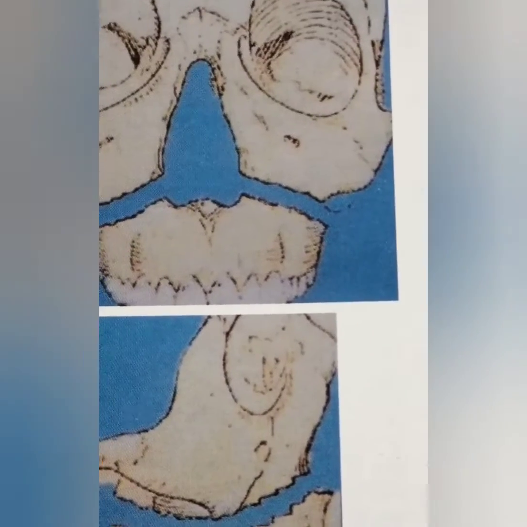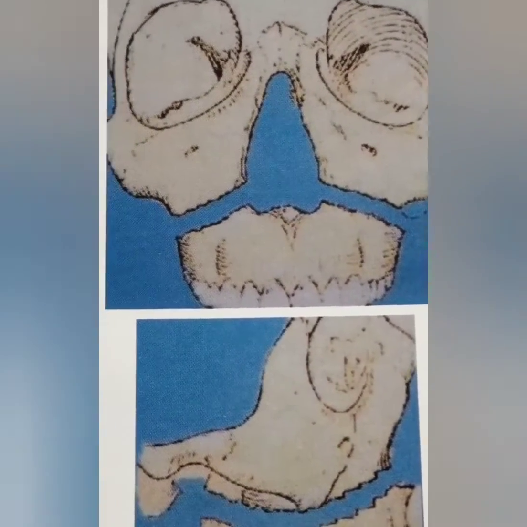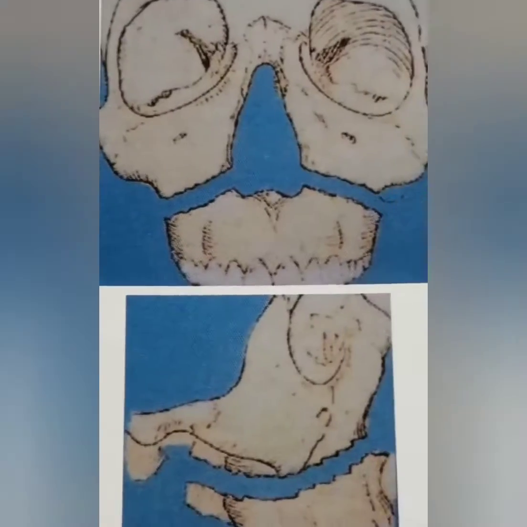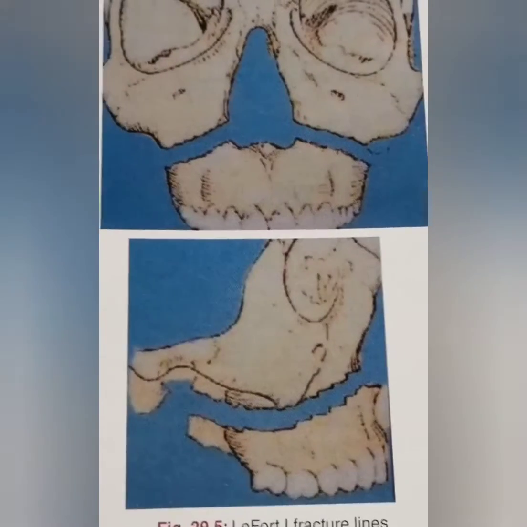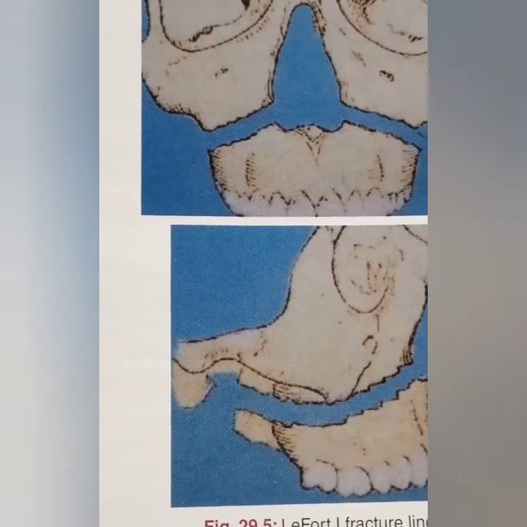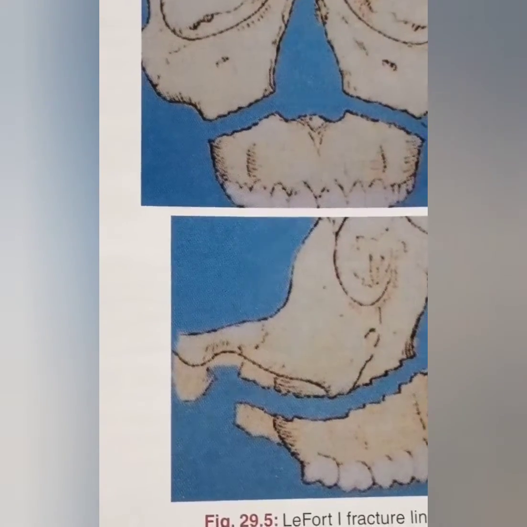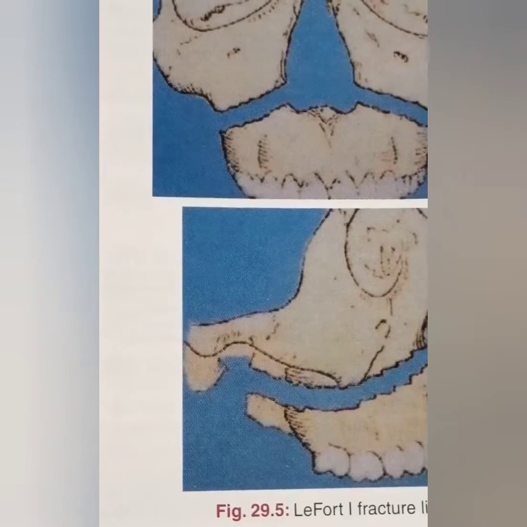Now, coming to the fracture line. What is the fracture line of Le Fort 1 fracture? It runs horizontally, obviously, as it is a horizontal fracture, above the floor of the nasal cavity.